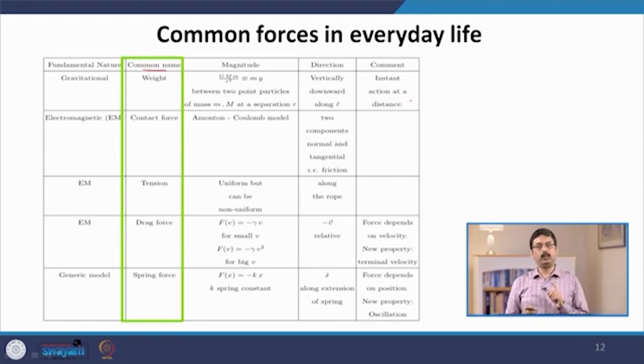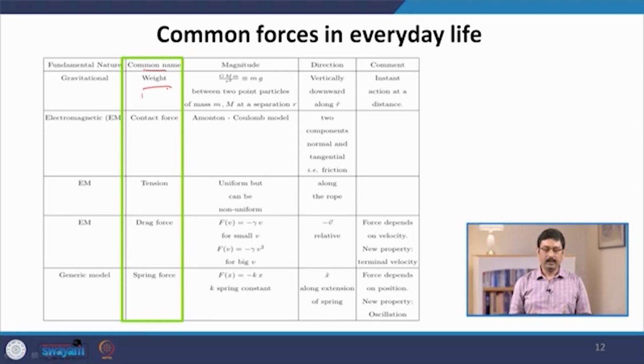The first very important force is the weight, the gravitational attraction by the earth. Everyone living on earth always feels this force. Our everyday experience, our physical intuition about day to day life, is heavily biased by this force.